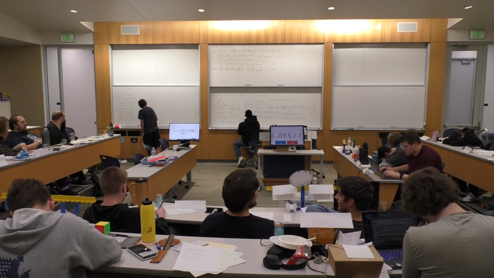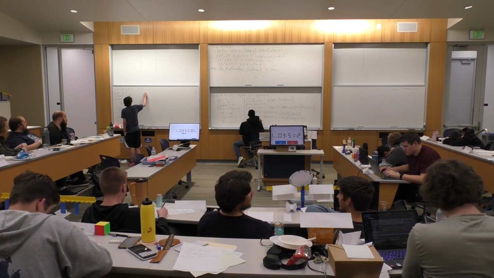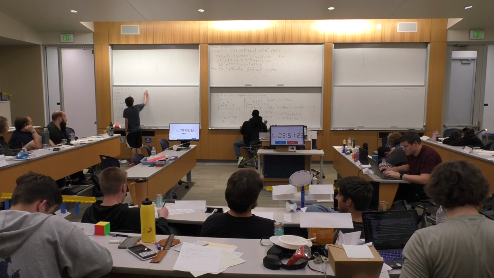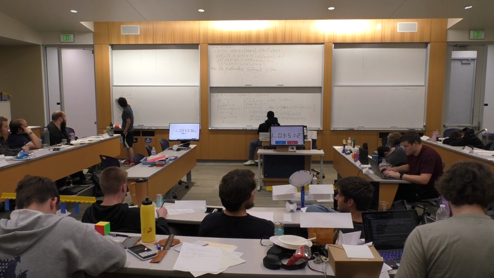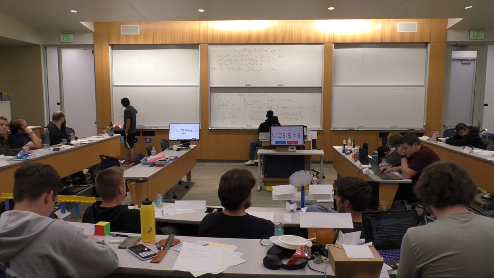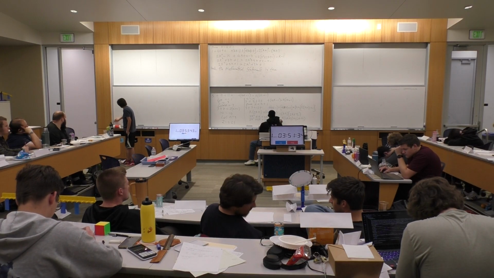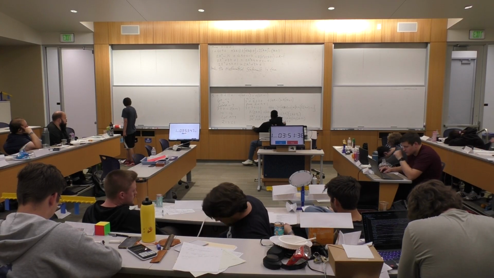And we have 2k squared plus 5k plus 3 equals 2k squared plus 3k plus 2k plus 3.